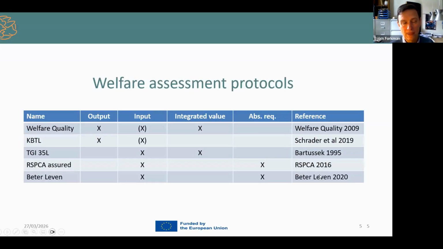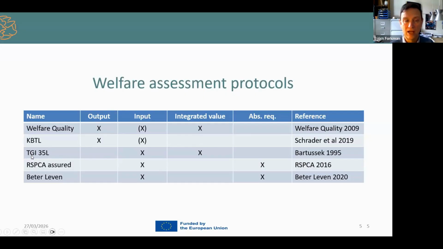That's why if we look at different assessment protocols, some protocols, like the Welfare Quality and the QBTL, concentrate on animal-based indicators. They do have some input indicators, but mainly animal-based indicators.